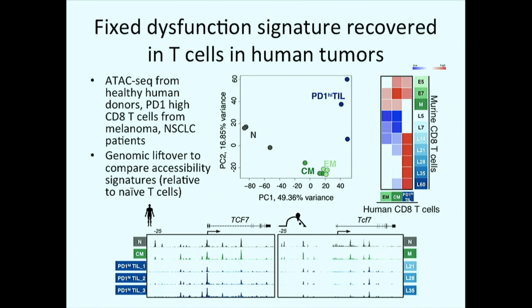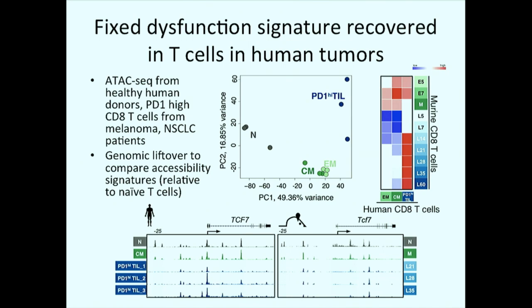We wanted to show that this mirroring model also reflected epigenetic changes in patients, right? So we got tumor-infiltrating lymphocytes, PD-1 high, CD8 T cells from melanoma patients, non-small cell lung cancer patients, and liver cancer patients who do not get immunotherapy, so we're able to get these patients because they're enrolled in immunotherapy trials at Memorial.